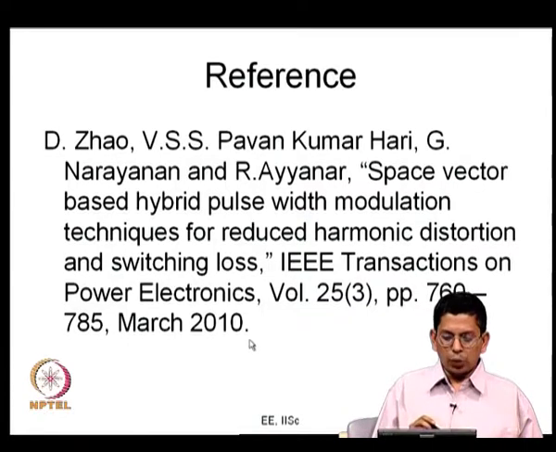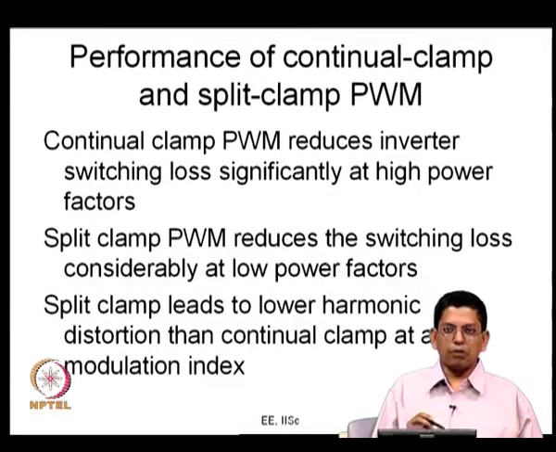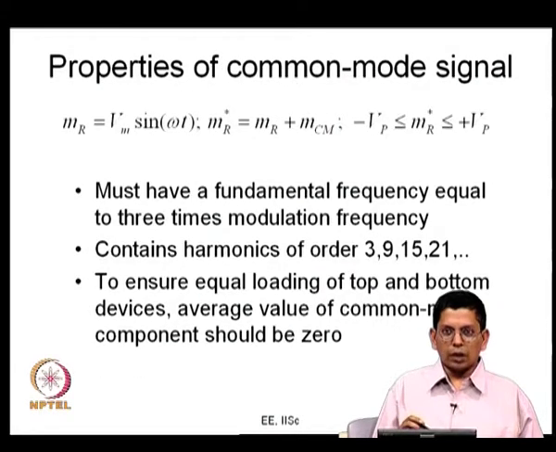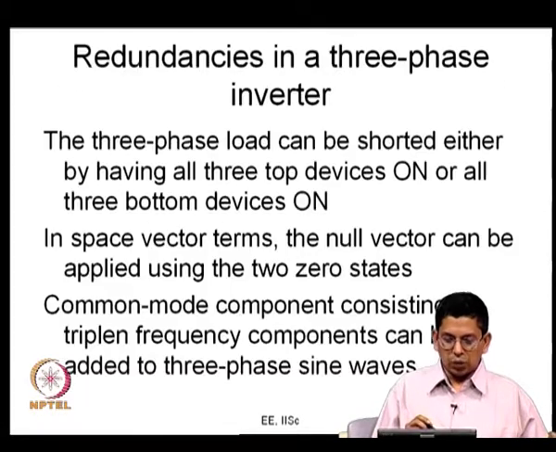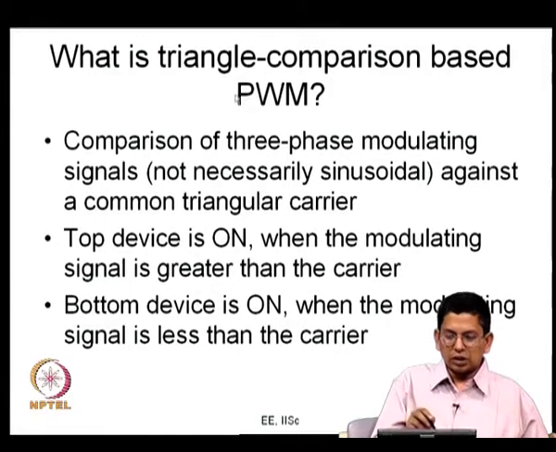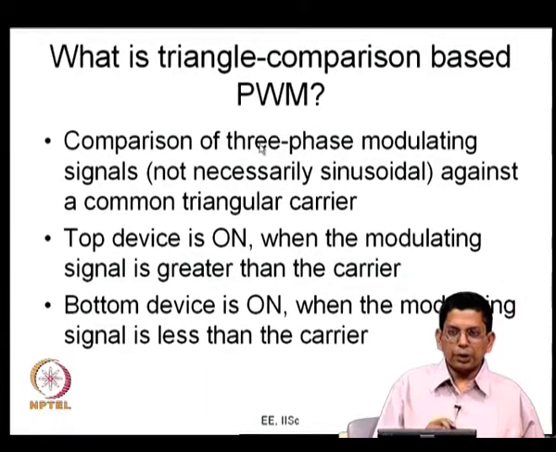So, what we would be doing in the subsequent classes is going into space vector based PWM. What we looked at right now is different kinds of common mode signals that can be added to the 3-phase signal. We looked at a particular way of modulation, that is triangle comparison based modulation, the way of producing the PWM signals by comparing 3-phase modulating signals.